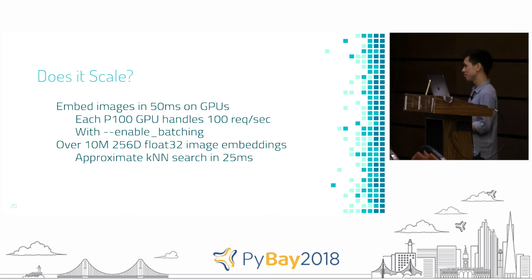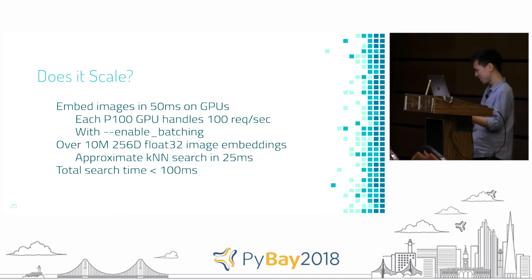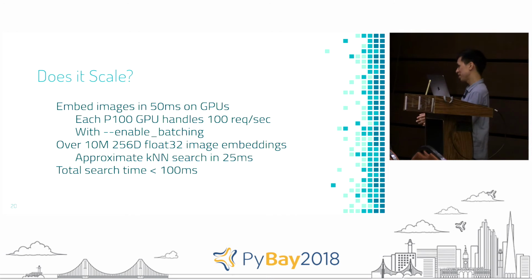We do an approximate KNN search, which we found improves performance by 4x, as well as not actually degrading the qualitative results that we saw. And this, in total, means that it takes less than 100 milliseconds from when an image comes into the microservice to when results come out.